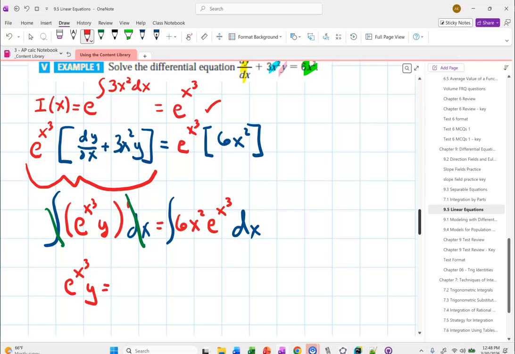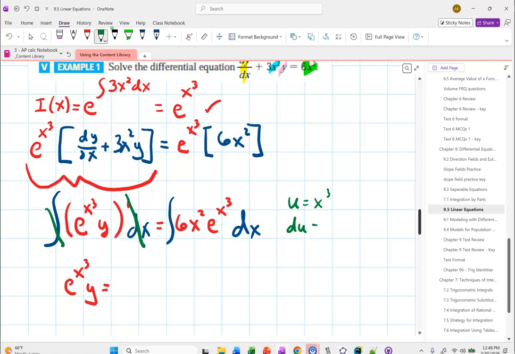Now, how do I do the integral on the right-hand side? Six x squared times e to the x cubed. U substitution. What should my u be? X cubed.